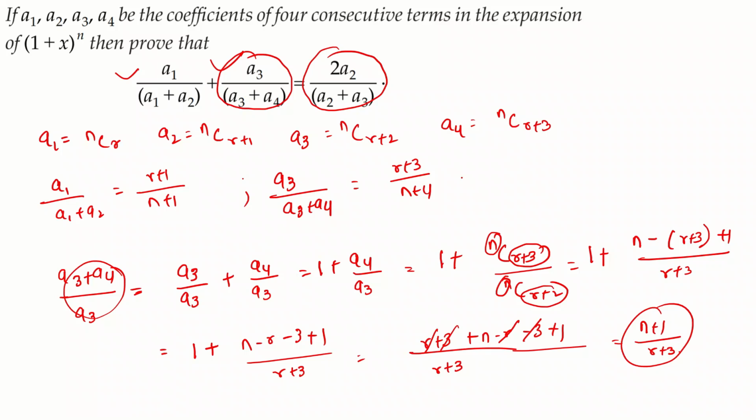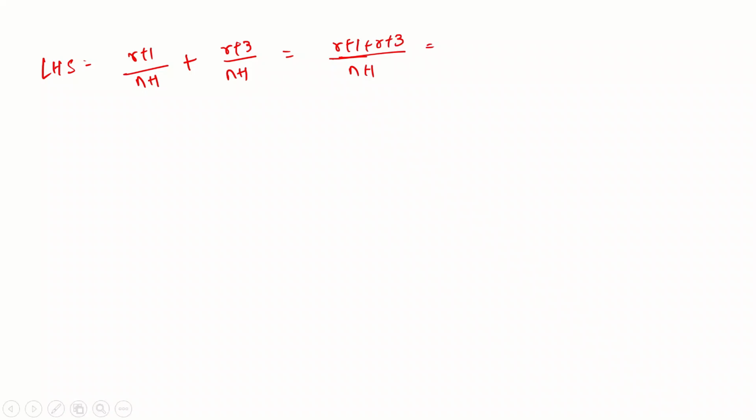So our LHS, left hand side, is (r plus 1) by (n plus 1) plus (r plus 3) by (n plus 1), where n plus 1 is the common denominator, so it's (r plus 1 plus r plus 3), which is (2r plus 4) by (n plus 1), 2 common, 2 times (r plus 2) by (n plus 1). This will not be 4, this will be 1, I'm sorry.